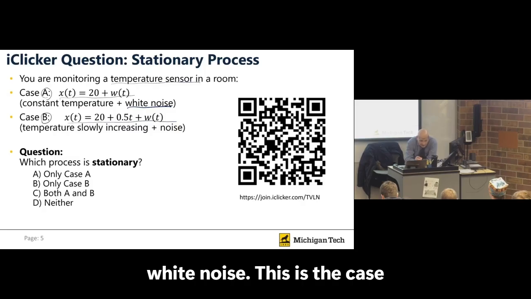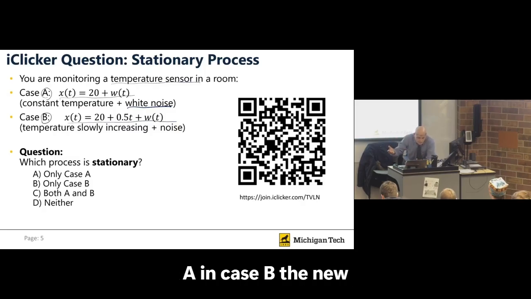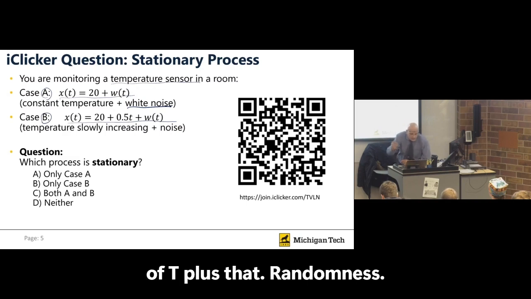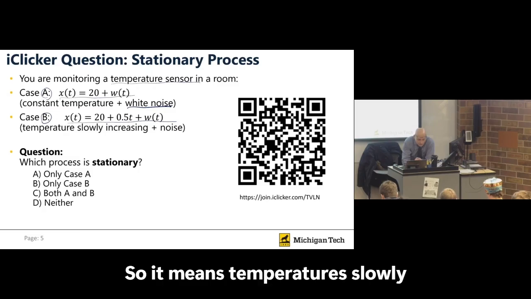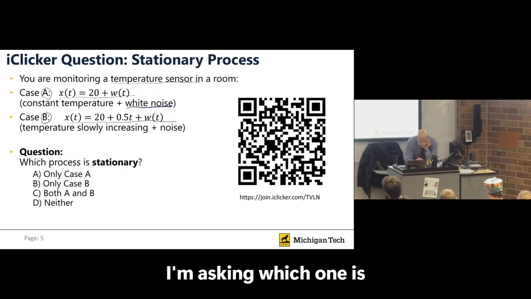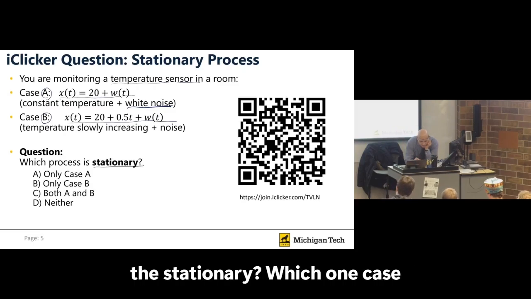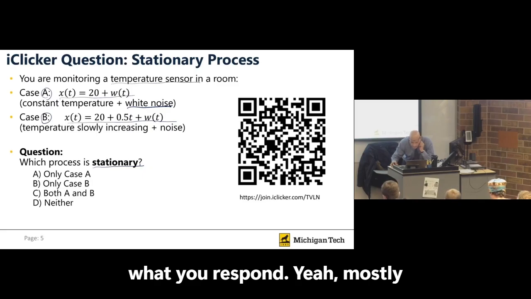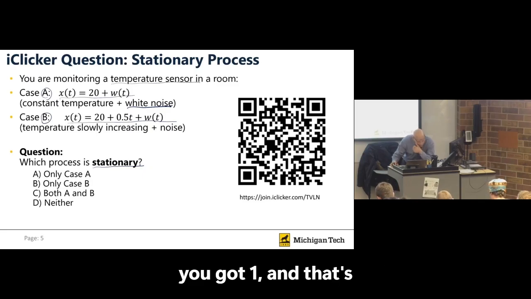In case B, the new temperature is 20 plus a function of t plus that randomness. So the temperature is slowly, very slowly increasing. I'm asking which one is stationary, case A or B? Let's see what you respond. Mostly you got one, and that's actually correct.